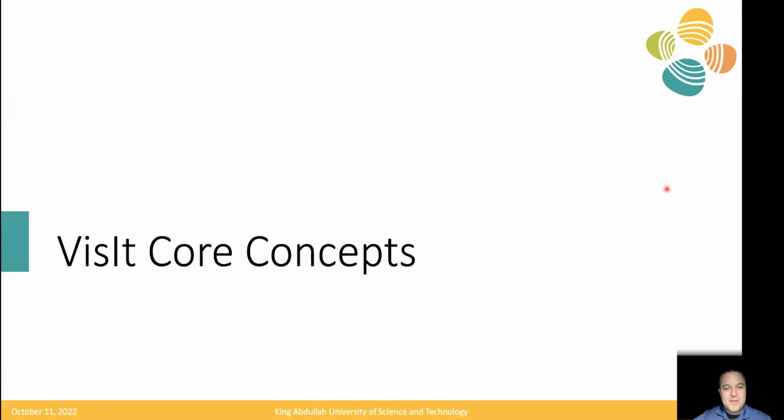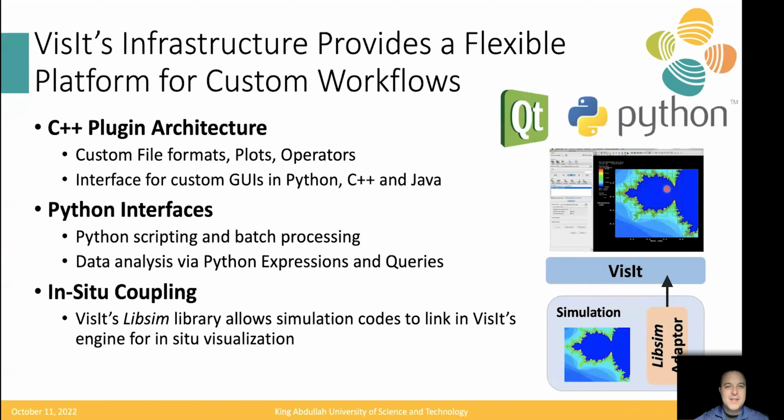So next, let's go over some core concepts in VisIt, and this will get you oriented into how it works the way it does and a little bit of why it works the way it does. VisIt's infrastructure provides a flexible platform for custom workflows. It has a C++ plugin architecture with, like I just said a second ago, custom file formats, plots, operators, and you can create an interface for custom GUIs in Python, C++, and Java.